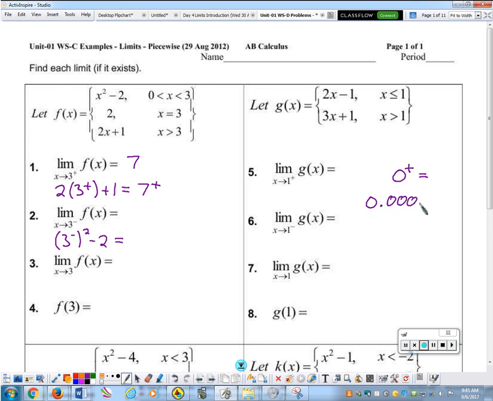Nicely done. So that's 0 plus. 0 minus, someone else. Let's go over to Ethan. Not quite, no worries. Think of the number line, that helps me. Here's 0. We're looking for the value that's right there, and the one that's right there. 0.999 is actually over here by 1.